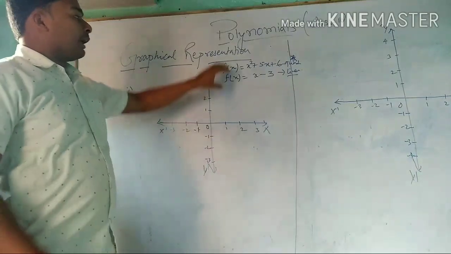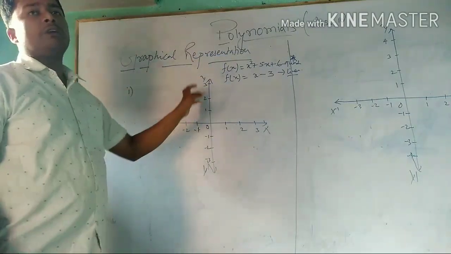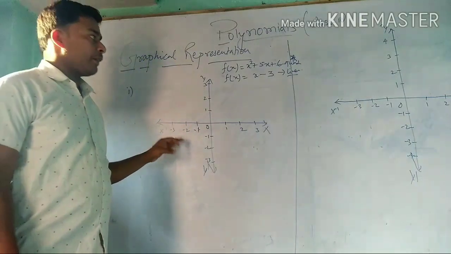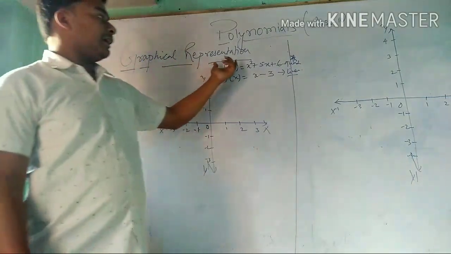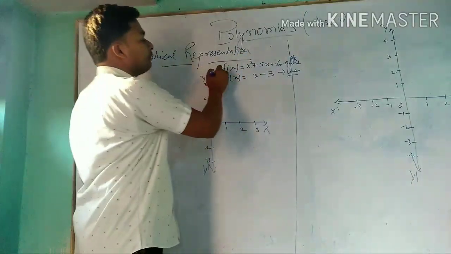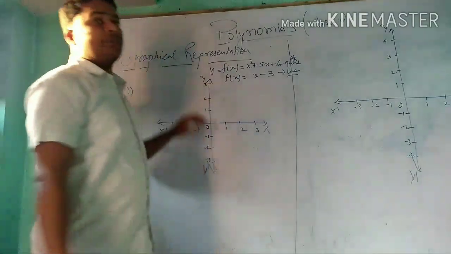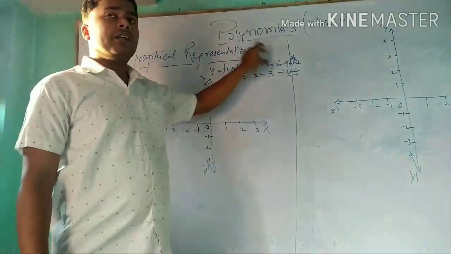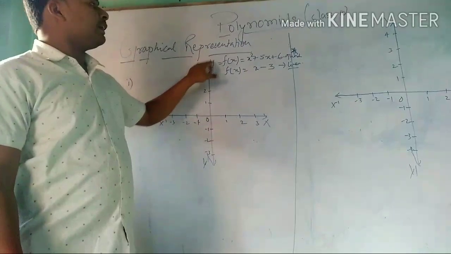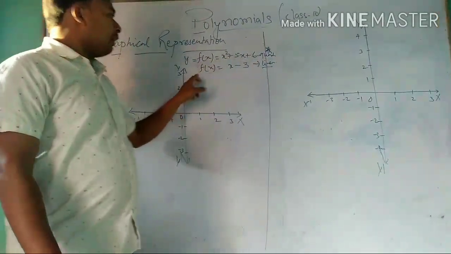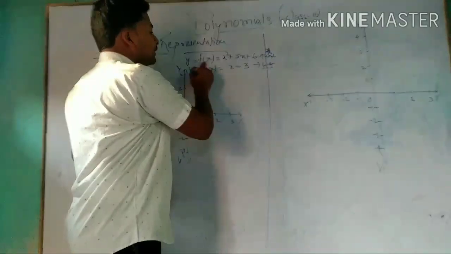Now, how to represent this and how to find the number of zeros of a given polynomial. My dear, in place of f(x), if we assume it is equal to y, as we have done in class 9 to represent points on a graph, then y is equal to x square plus 5x plus 6, or y is equal to x minus 3.